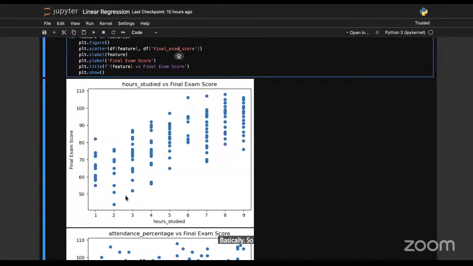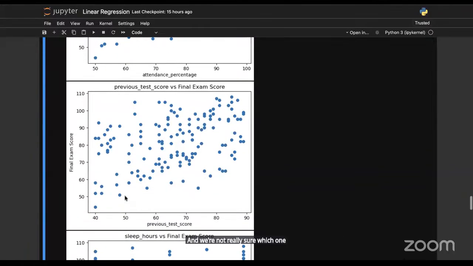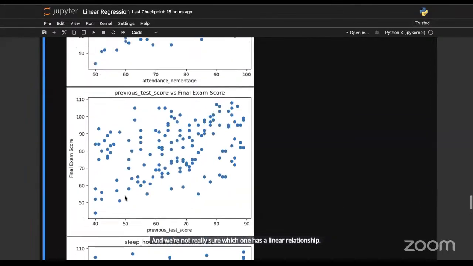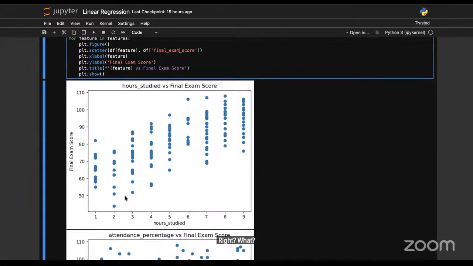So who can tell me, now that we've looked at our scatter plot and we're not really sure which one has a linear relationship, what can we do next? Draw the line of best fit? Not yet.